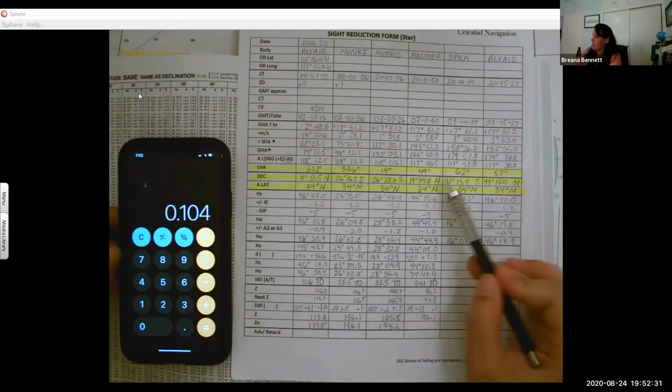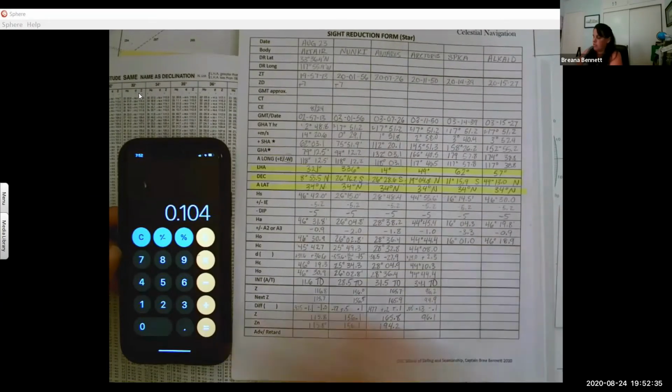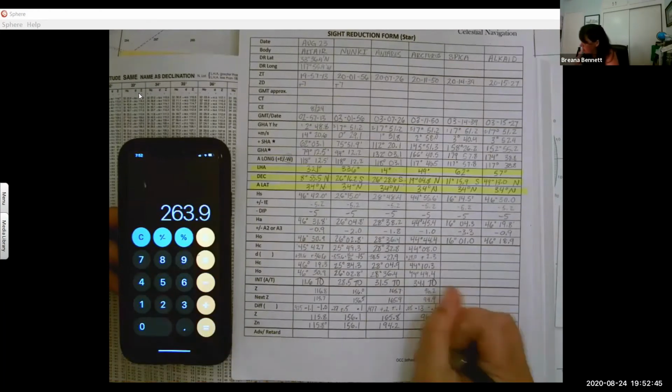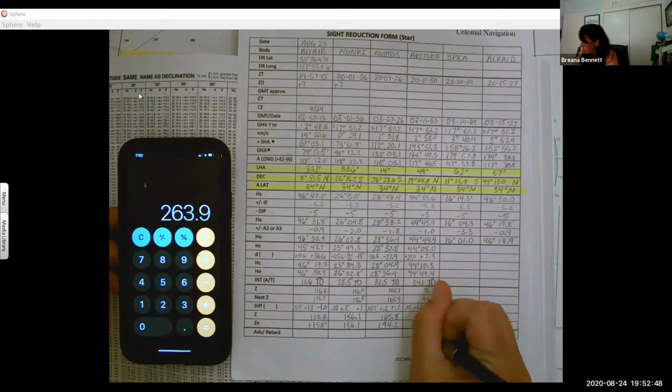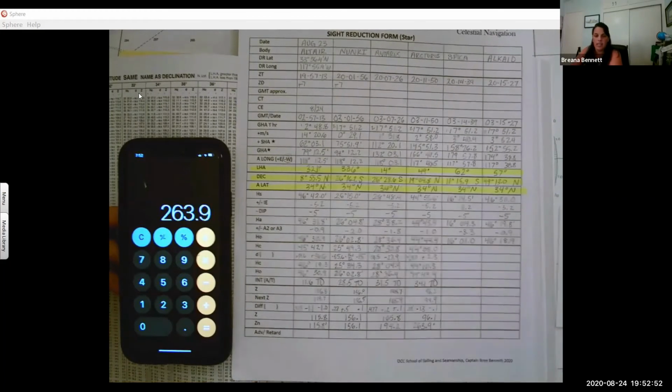Now, again, our LHA is less than 180, so we do 360 minus 96.1, which gives us 263.9. That is our ZN. Chugging along here, guys.